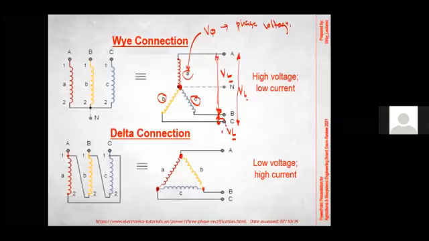Just the same with our Y connection, A, B, and C are referred to as the phase voltage. And from line A to line B, we can obtain a voltage source, which is called the line voltage. We can also obtain another voltage source from B to C or from A to C. And this delta connection is characterized as low voltage, high current.